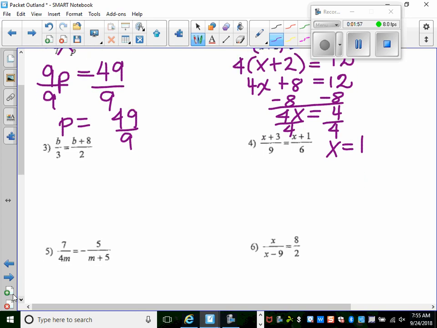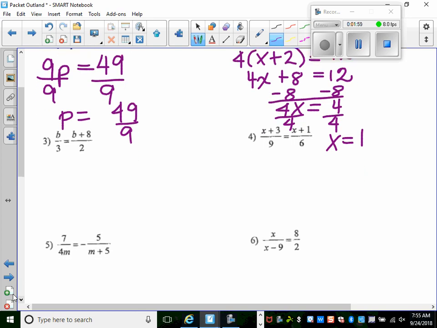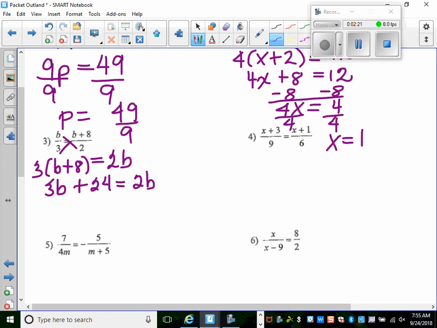All right, in number 3, cross again. It doesn't matter. So this will be 3 times b plus 8 equals 2 times b is 2b. So this will give me 3b. I'm going to distribute the 3, plus 24 equals 2b.